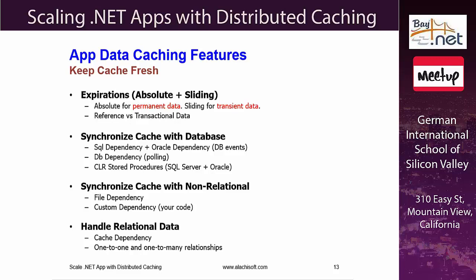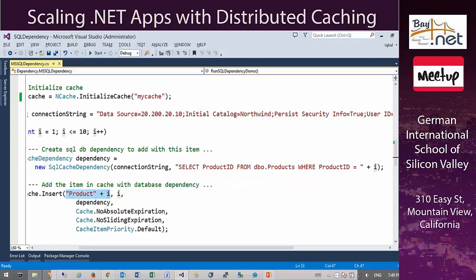Very good question. I was just going to say that, but you've just asked that. SQL dependency is a great feature, but if you have 10 million cached items, which is not an unheard of thing, or let's say you have 1 million cache items, just to make it more likely, and you create 1 million SQL dependencies, for every SQL dependency, SQL Server creates a data structure within the database server so that it can monitor.